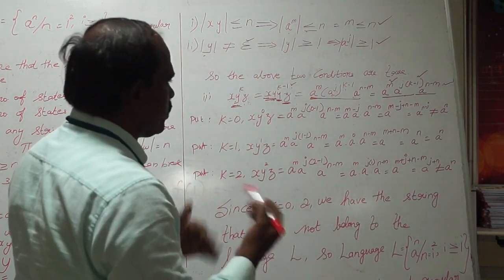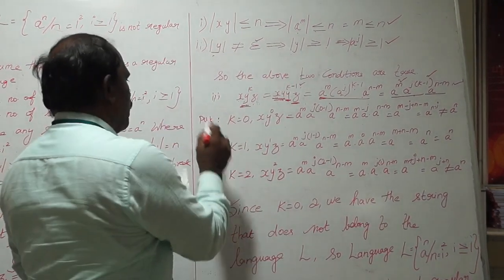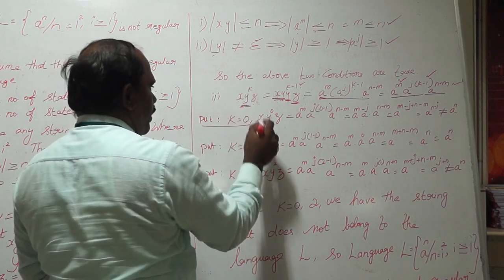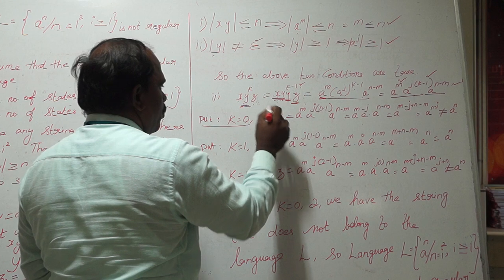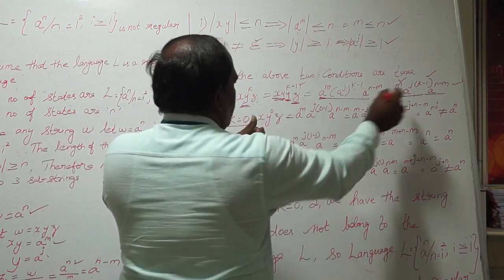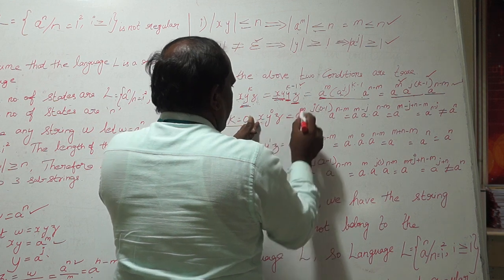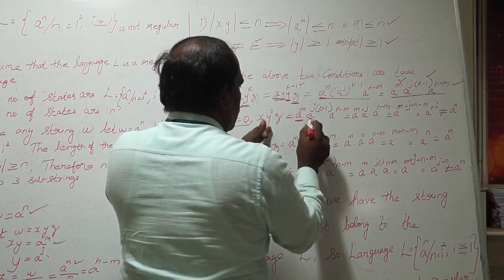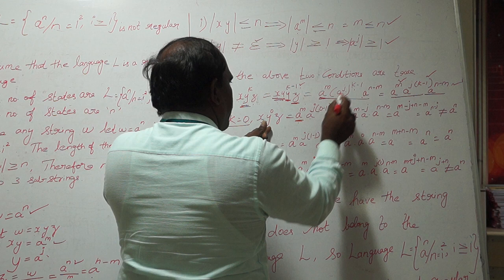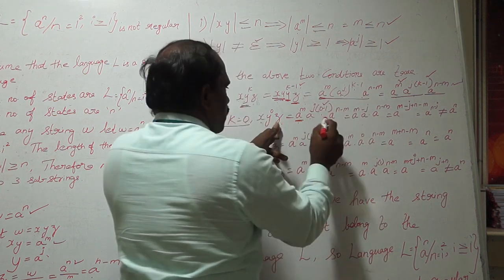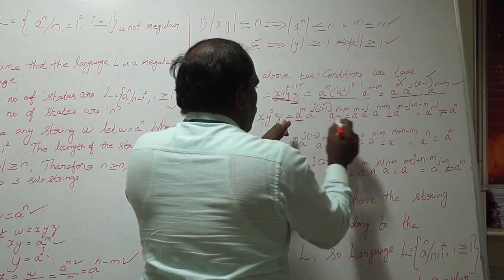Now we are going to check the conditions. Initially we put k equal to 0 in x y^k z. So x is a^m, y is a^(j(k-1)) with k put as 0, giving 0 minus 1, and z is a^(n-m).